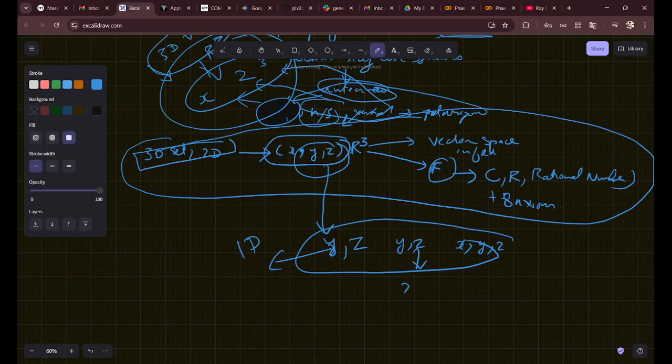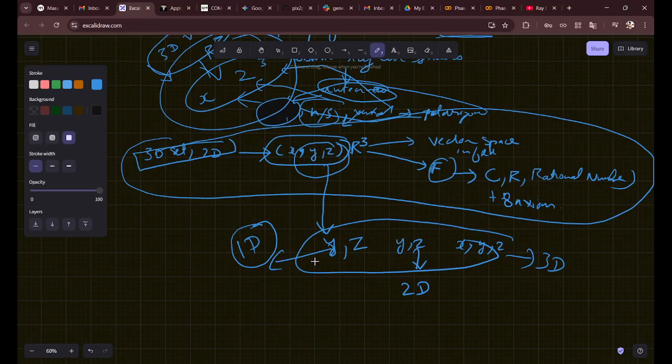If you take two components, it would be 2D, and it can be 3D. So subspaces from a vector space can be equal to it or less than it.